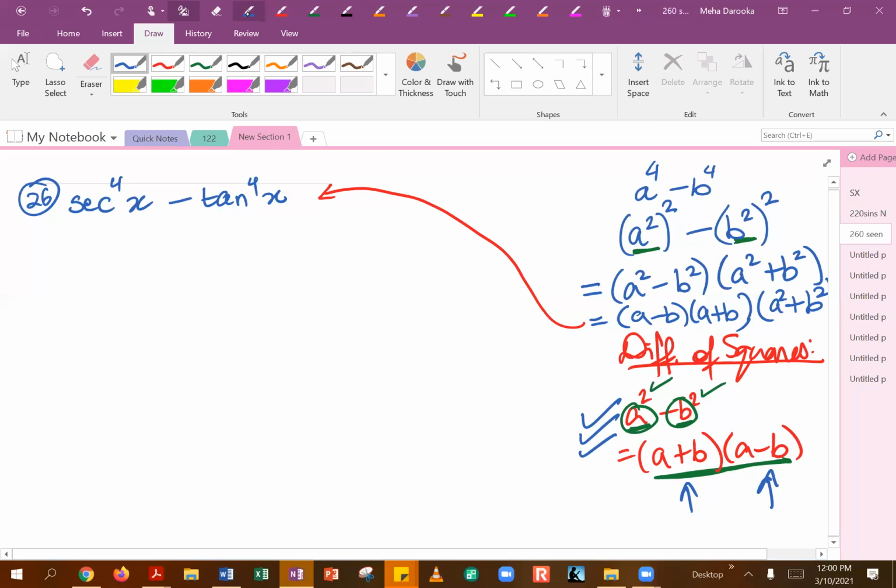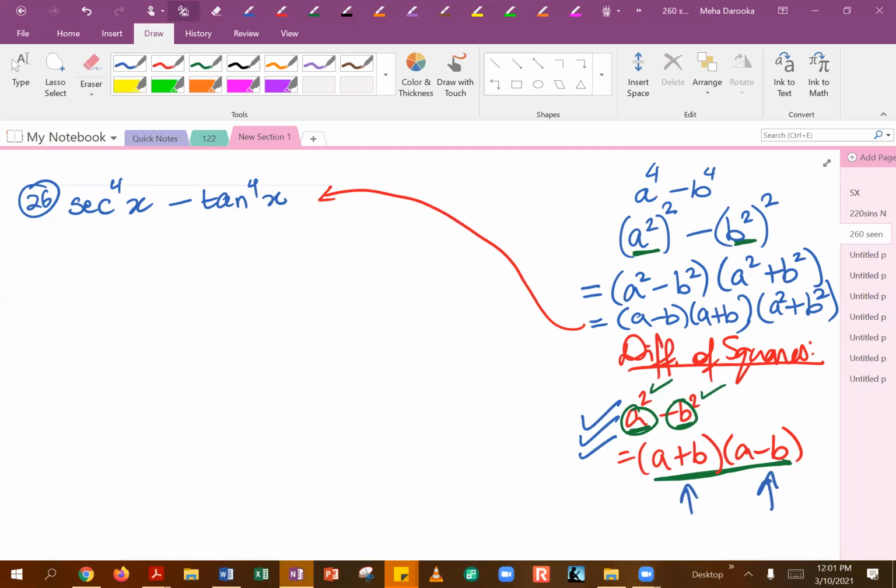But actually, I'm realizing we may not have to go that far out. Abdul Aziz, that's kind of what I was thinking about, that property, the Pythagorean property between tangent and secant. So instead of going all the way down to a plus b, a minus b, how about we go from here first? Because I think we'll be able to simplify it without going all the way through.